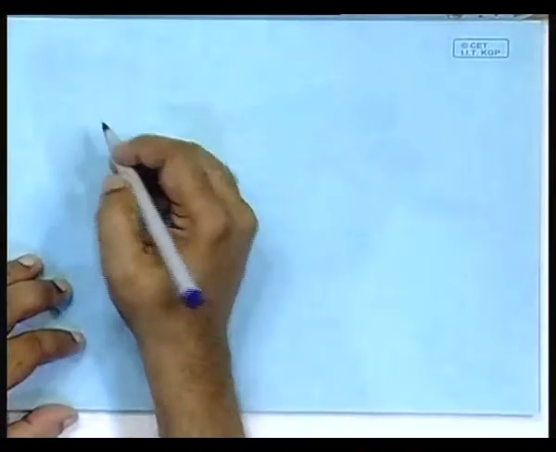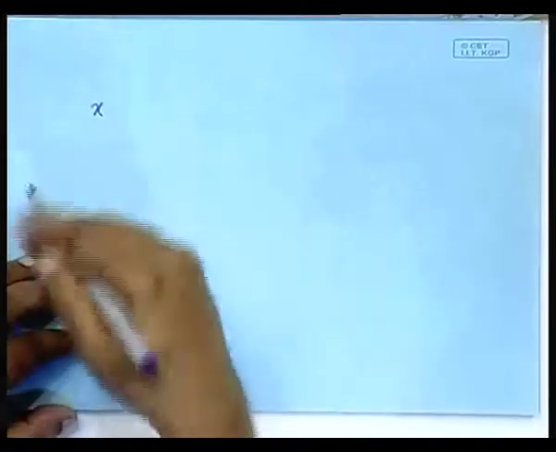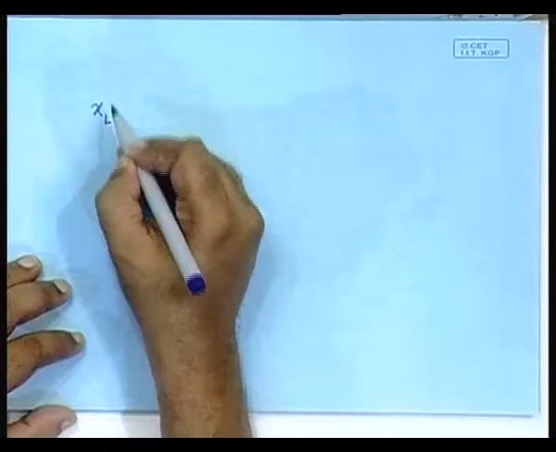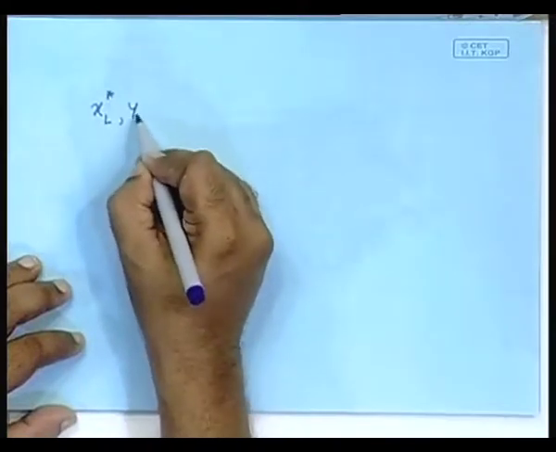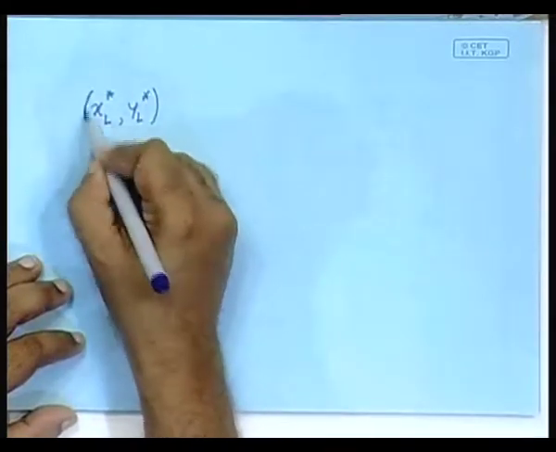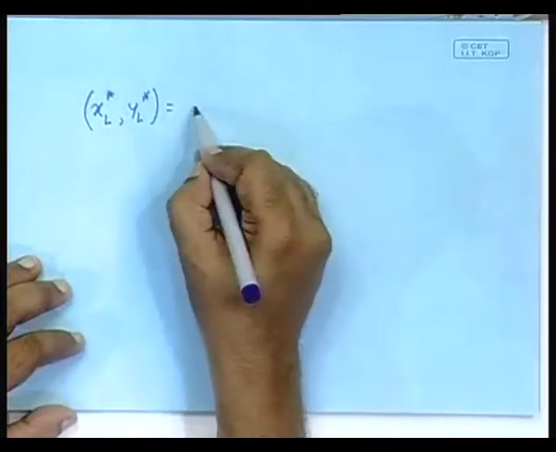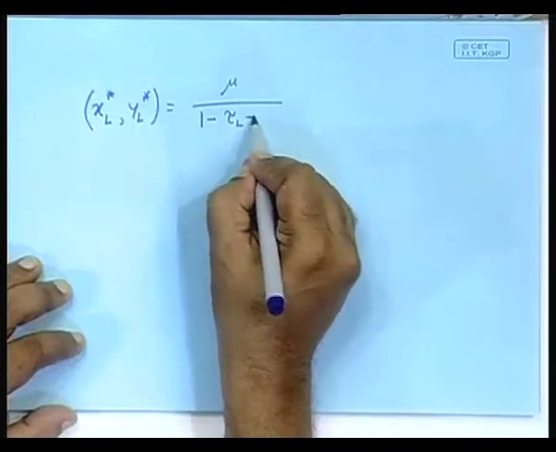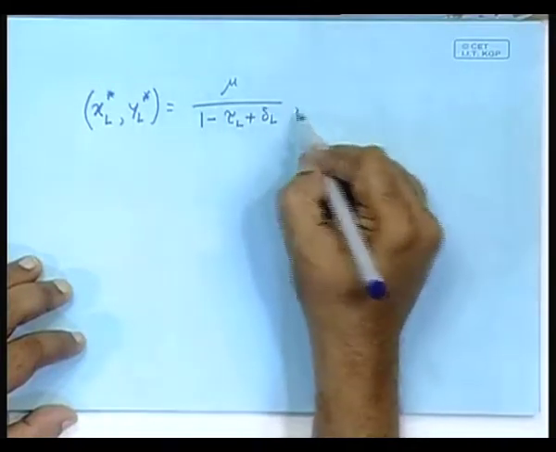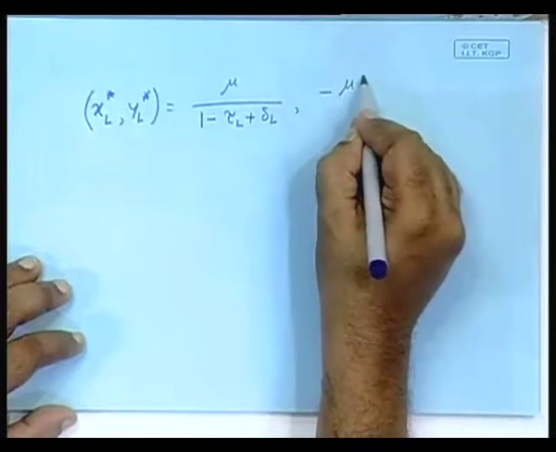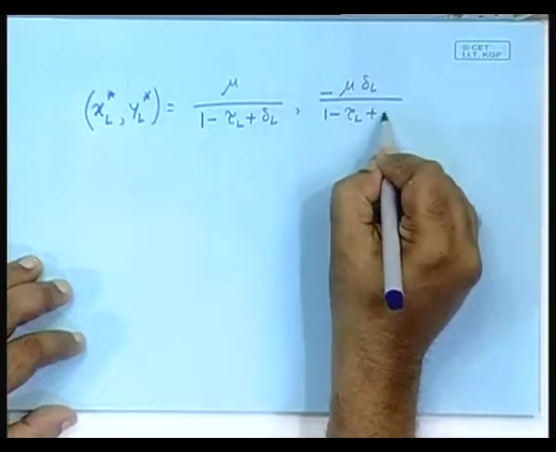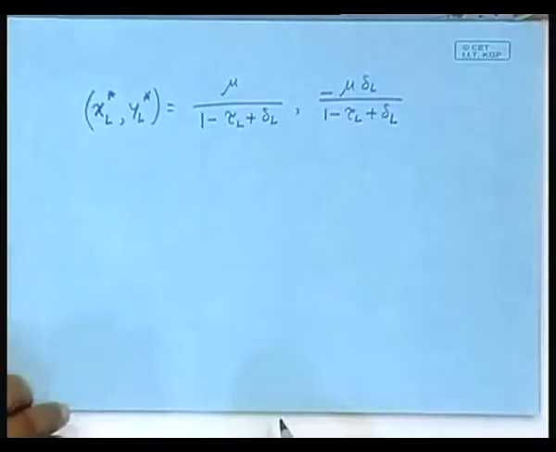That way if you do, I'll represent it with a star, because the representation of a fixed point is generally with a star. For the left hand side, this fixed point is given by mu 1 minus... and this is really trivial.